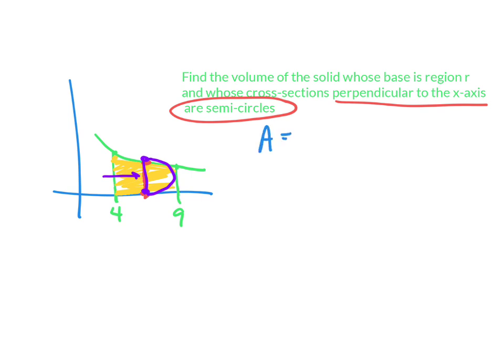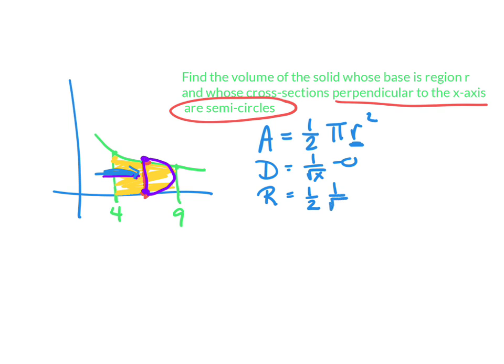So area of a semicircle is 1/2 pi r squared. So I'm thinking the only variable I need is the r, but I have to, like I said, be careful that this distance in here is actually the diameter. So I'm going to start with diameter. So my upper minus lower, my 1 over radical x minus 0, is my diameter. Therefore, my radius is half of that.